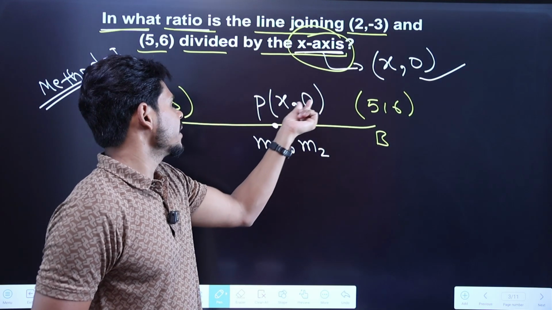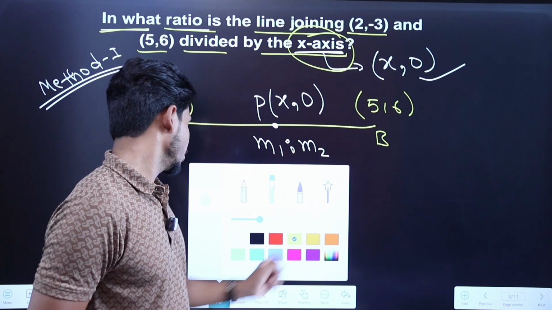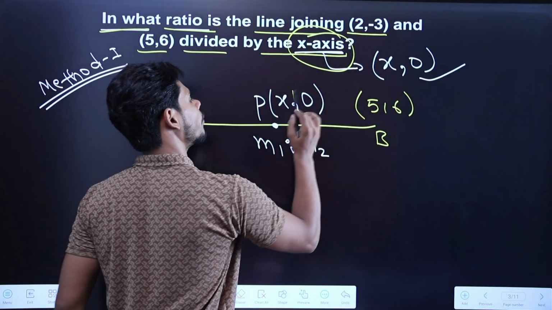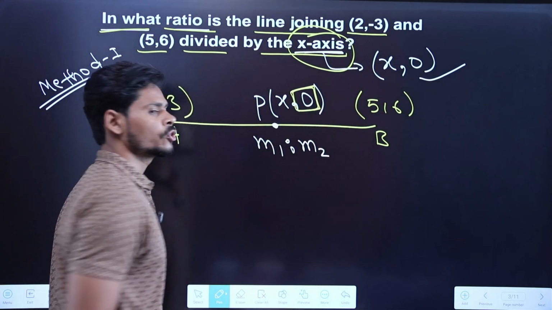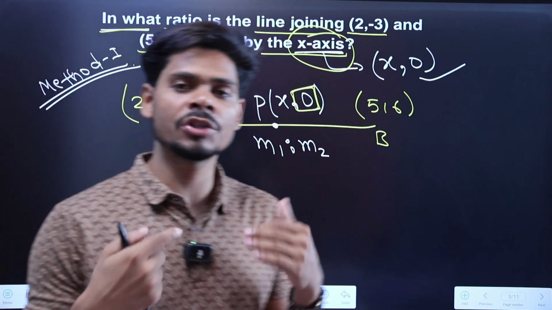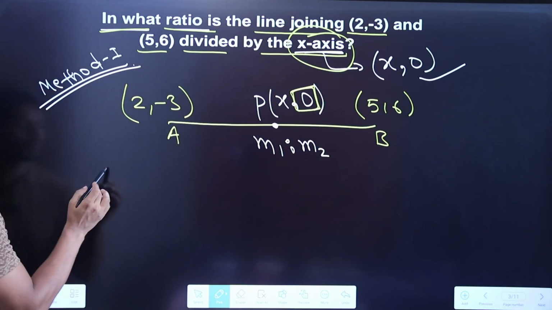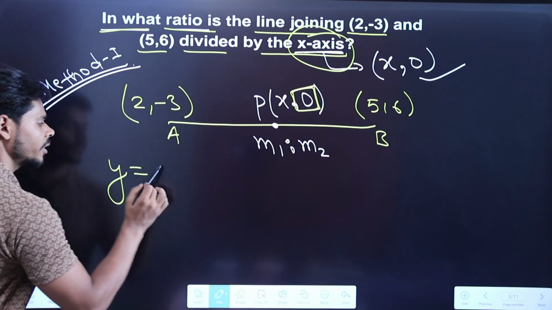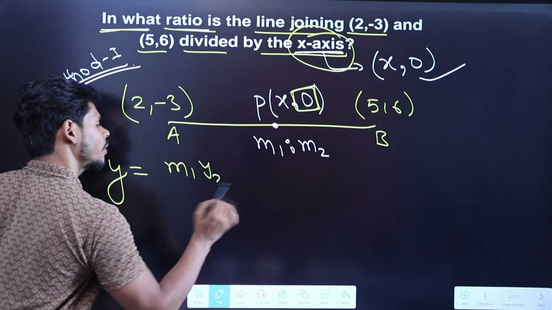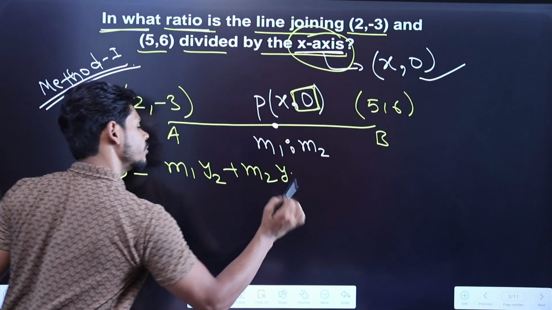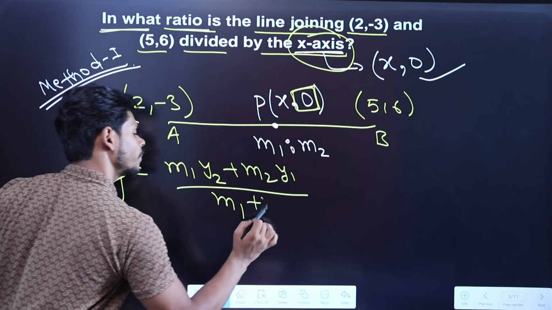Fine. So in this case we know the value of y. It means to find the ratio, we are going to use the formula of y only. For example, to find the y coordinate, the formula is M1 y2 plus M2 y1, whole divided by M1 plus M2.